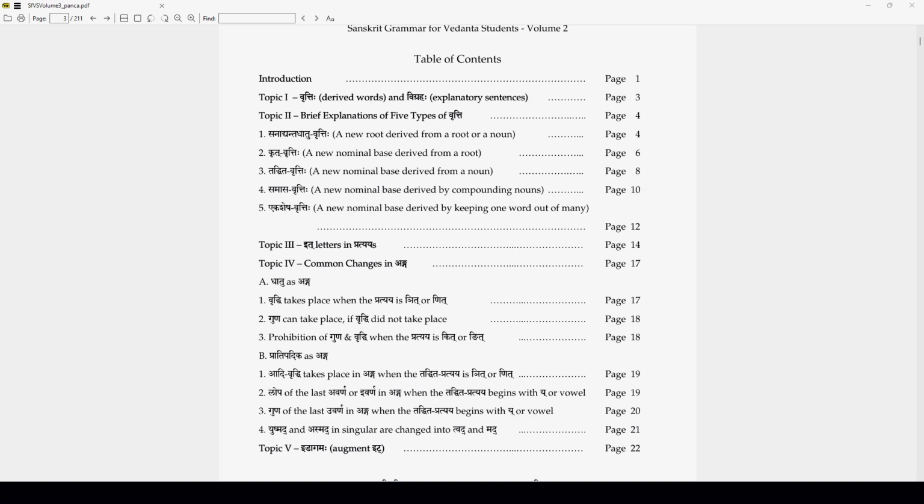Pitarau also means two fathers, which is unusual: my father is there, your father is there, and both fathers are standing together, we can say Pitarau. At the same time, if my Mata and my Pita are standing together, we can say Pitarau also, meaning parents. In that case, it becomes Ekashesha vritti.